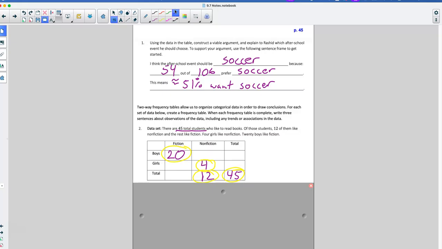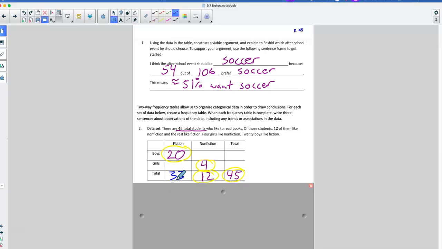The first thing that I would do is start with the totals for fiction versus nonfiction, and then overall. So I can say, what number plus 12 is 45? Really what you're doing is 45 minus 12, and that is going to give you 33.